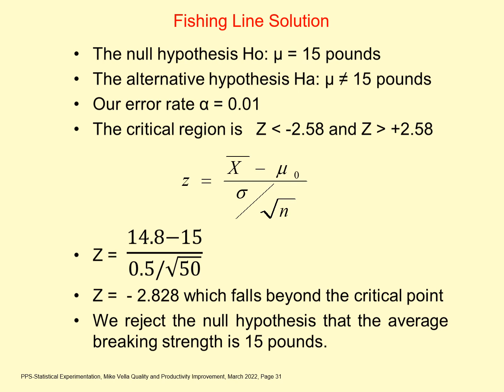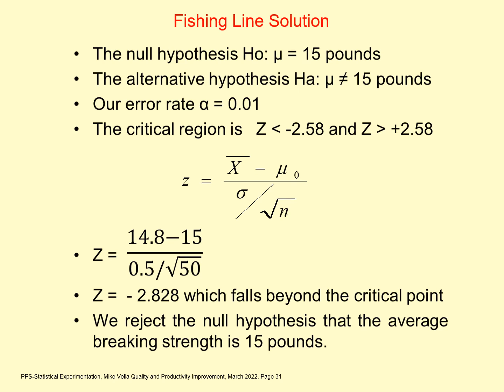And we use our test statistic z equals x bar minus mu divided by sigma divided by the square root of the sample size. So our z is calculated by our sample, 14.8 minus 15 divided by 0.5, which is the standard deviation, divided by the square root of the sample size, 50.